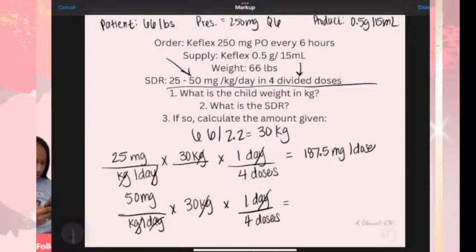So 50 times 30 divided by 4. It's going to be 375 milligrams per dose. Okay, so this is 1 dose right here, because it says to give 250 milligrams 4 times a day, so every 6 hours. Okay, is this dose safe to give?